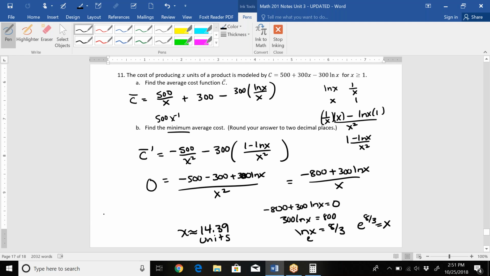So if I plug that in, that is C bar equals 500 divided by 14.39 plus 300 minus 300 natural log of 14.39 divided by 14.39. So you have to plug it into this function. And when I did that, I got 279.15 per unit. So that's the minimum average cost.